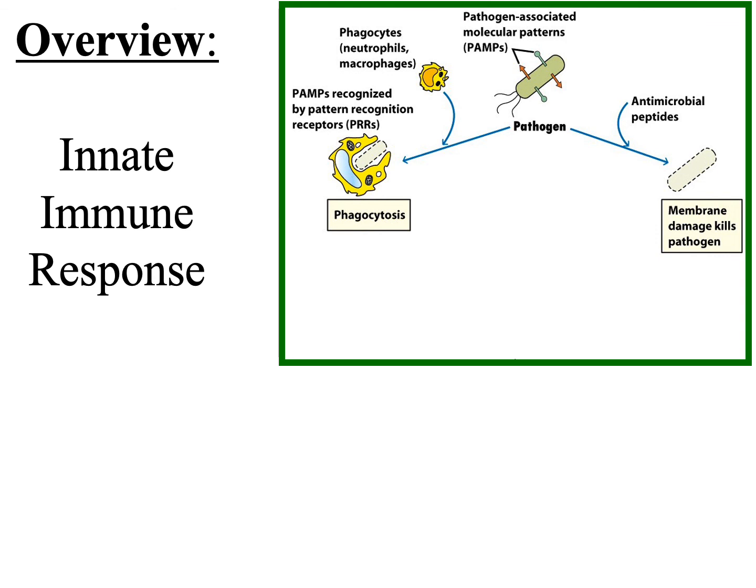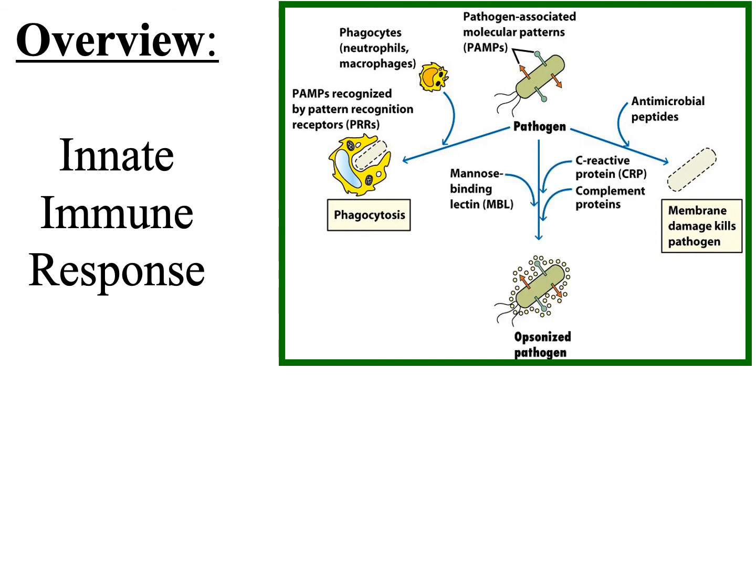Antimicrobial peptides are very short peptide molecules, meaning that they are a short stretch of amino acids, and there are a number of categories of them. Most of them, however, play a role somehow in damaging or disrupting the membrane of a pathogen. So a pathogen can encounter an antimicrobial peptide, which would then play a role in the destruction of that pathogen as well.